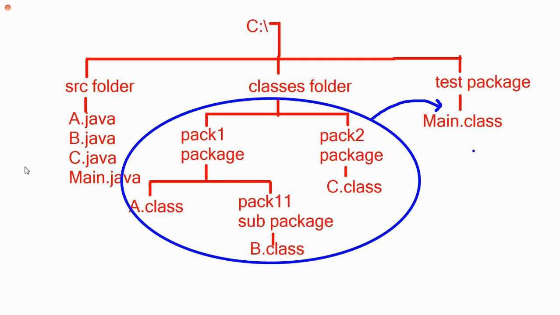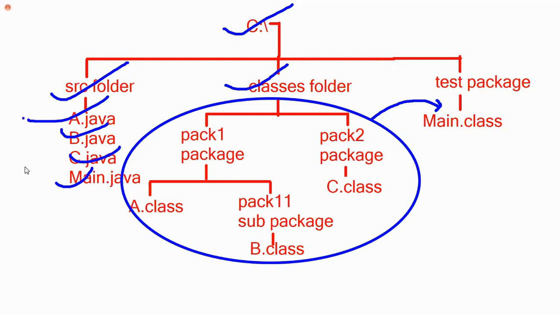Here packages are given, no? Those are all automatically generated by the Java compiler. .class files are given, no? Those are all automatically generated. The remaining we have to create ourselves. This C drive is already present in our system. We have to create the src folder and classes folder. We have created these 4, and these all are automatically generated.